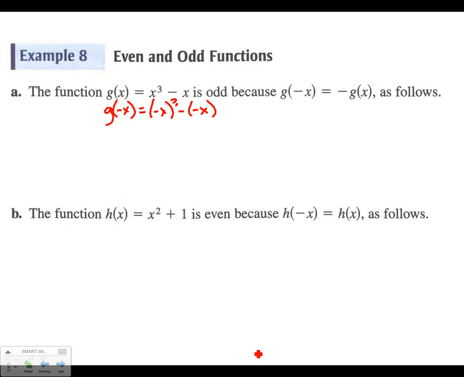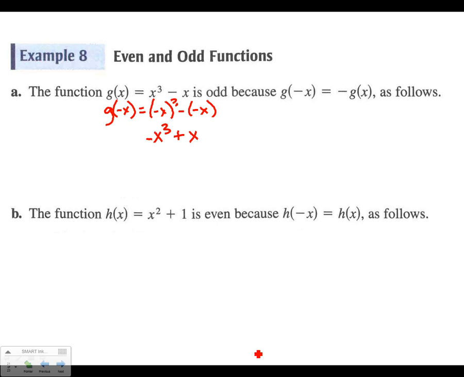Negative x cubed is just negative. If we go ahead and cube a negative, it's going to stay negative, and then negative times a negative is a positive. All right, and our original function was x cubed minus x.